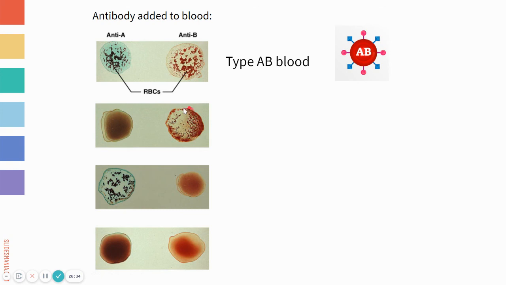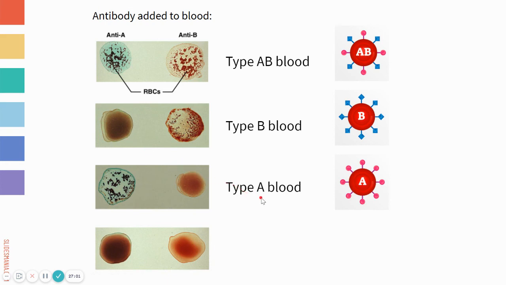So this means that only the anti-B antibody is reacting with our cells. And this means that we have type B blood with B antigens. So our blue square type B antigens are reacting with the anti-B antibody and causing clumping in that situation. But since we don't have any pink circles, there's no clumping with the anti-A antibody.